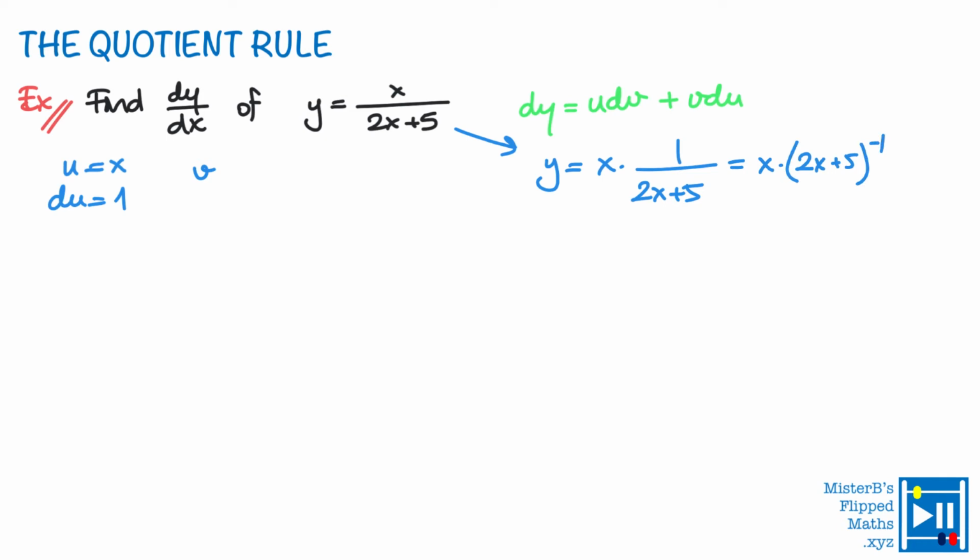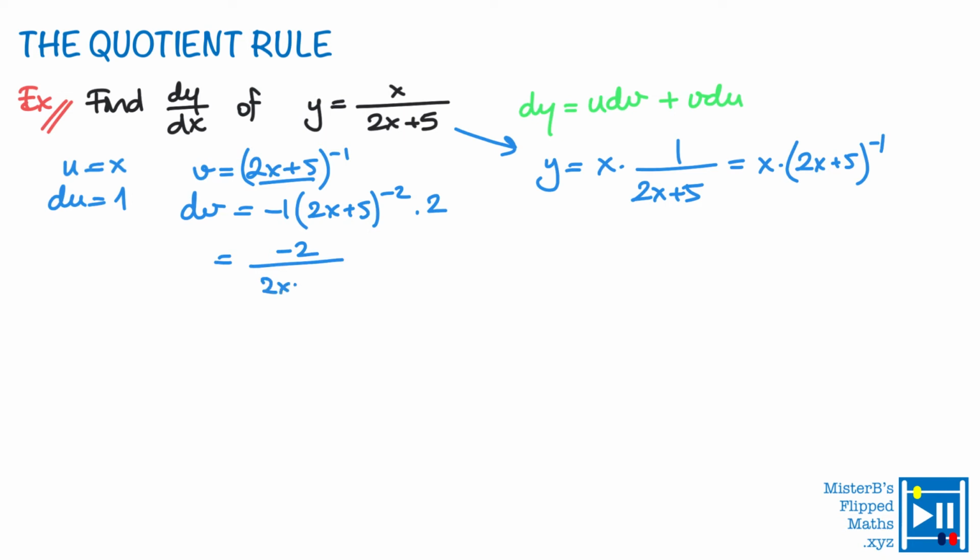So my v will be 2x plus 5 to the power of negative 1. Applying the chain rule, I'm going to have dv be minus 1 times 2x plus 5 to the power of minus 2 times the derivative of the inside, which is 2. If I rearrange this, it's going to be minus 2 over 2x plus 5 squared.